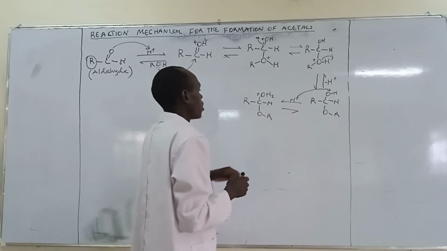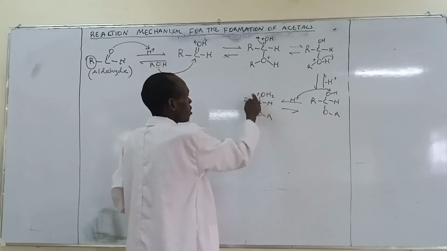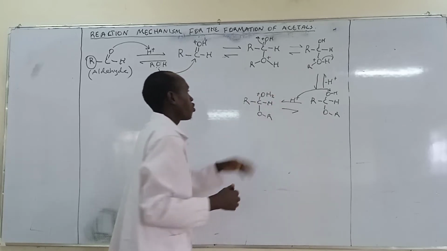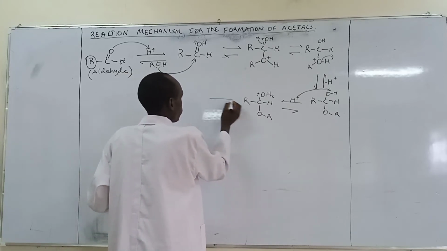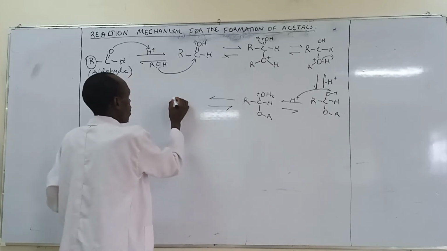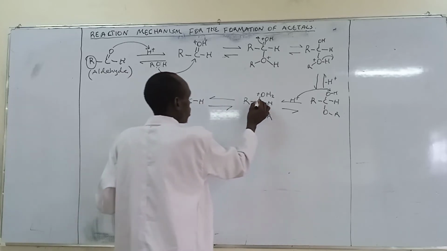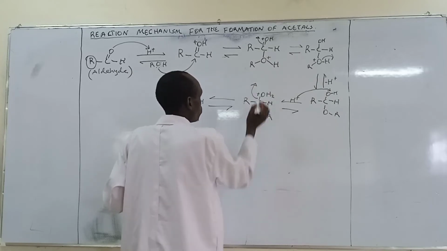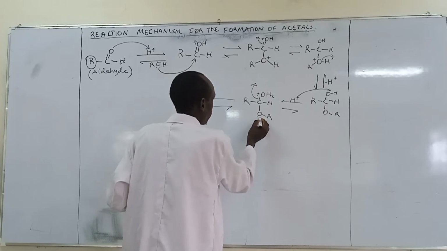It becomes 3. So we are going to remove this whole group, and realize that this is water, and water is known to be a good leaving group. So we are going to remove water from that constitution. So we shall have RCH. Now water shall leave, being a good leaving group, and this oxygen has a lone pair of electrons.